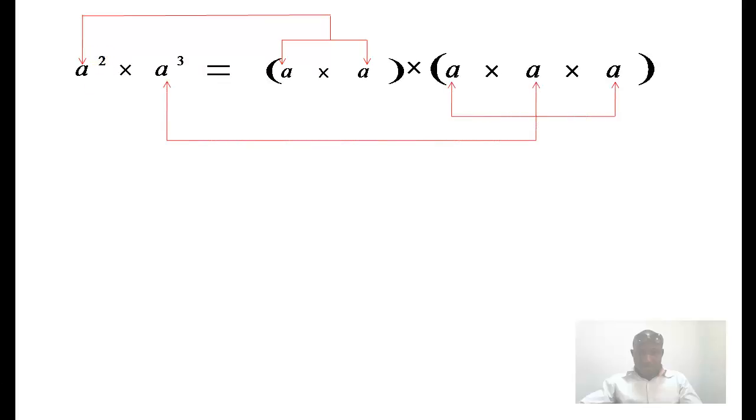Similarly, a multiplied by a multiplied by a is the equivalent of a^3 on the left hand side of the equality sign. Putting the product of a together, we have the product of five a's, which is simplified to a^5.